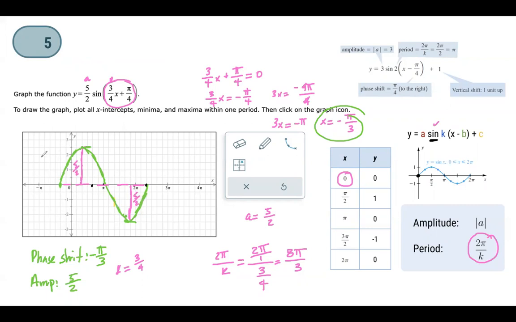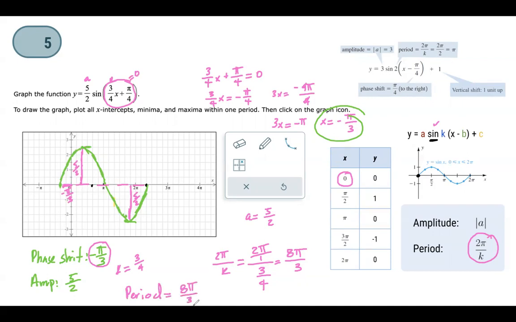It has a phase shift of, over here, we had it here, minus pi over 3. Remember, you had to set this entire thing equal to 0 to find the actual phase shift. So minus pi over 3. And the period was affected and changed into, let me write it here, the period was 8 pi over 3.